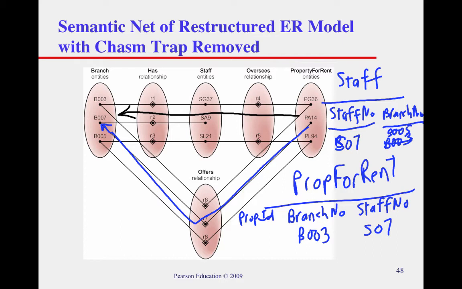Okay? Now, there might be ways to fix this problem without having to put another relationship like offers into the pudding, so to speak. Can anyone think of another way that might be logical and might ensure that no property for rent is ever without a staff member overseeing it?